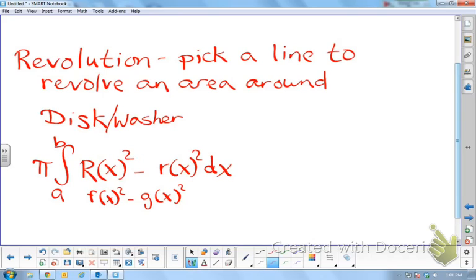Now disk is best, sorry, I'm trying to remember, when your cross sections are perpendicular to your axis of revolution.